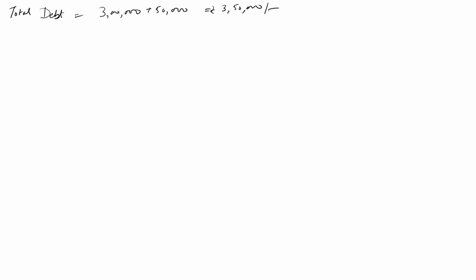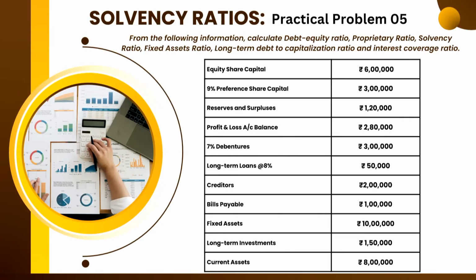Next, we are going to compute shareholders funds, which is equal to equity plus preference plus reserve and surplus plus profit, whichever is given in the question, like equity share capital of 6 lakh, 8% preference share capital of 3 lakh, reserve and surplus of 1,20,000, profit and loss amounting to rupees 2,80,000.